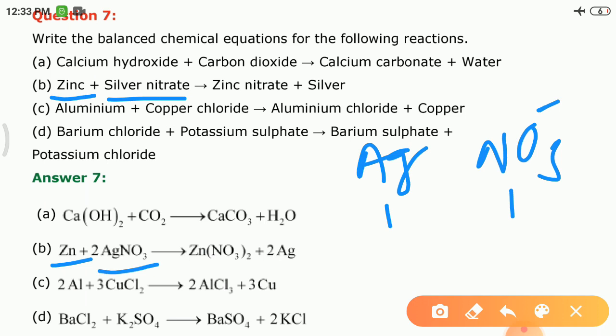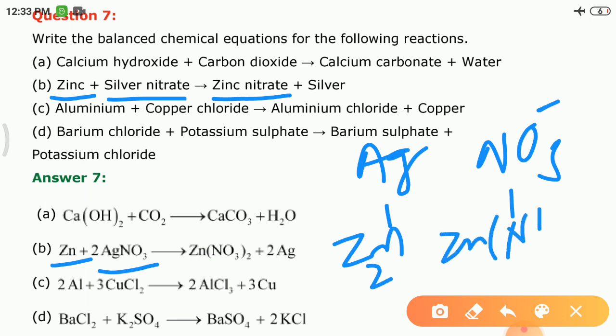Then it will form zinc nitrate. Zinc nitrate is Zn, and Zn's valency is 2. So its formula with nitrate will be Zn(NO3)2. Okay, so plus silver Ag.